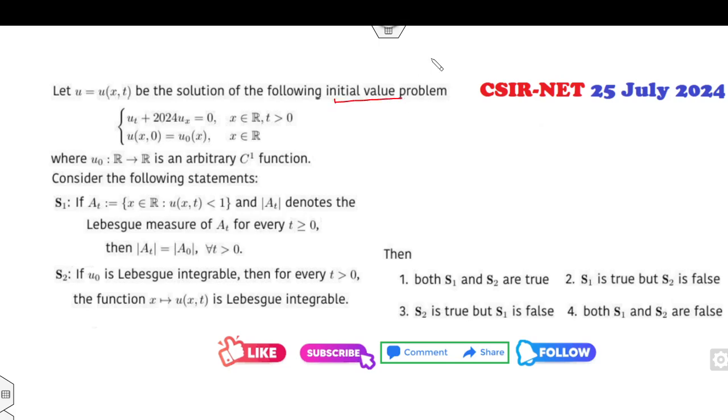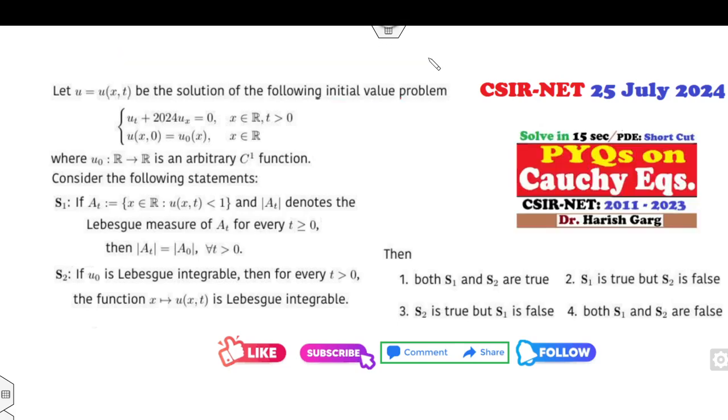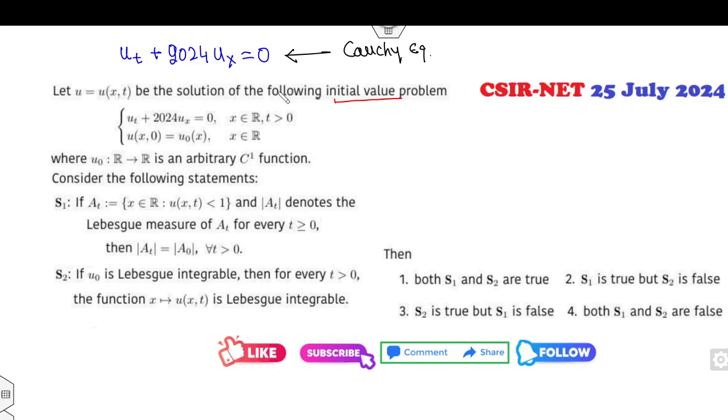Now look at this another problem. Again this problem is an initial value problem and the function is given as u_t plus 2024 u_x equals 0. What comes to your mind when you see this equation? That is a Cauchy equation in partial differential equations, and you have already watched my lecture on how you can solve them. Now it's dx, it's dt, it's du. Here dx is 1, dt is 1, du is 0, and this is 2024.